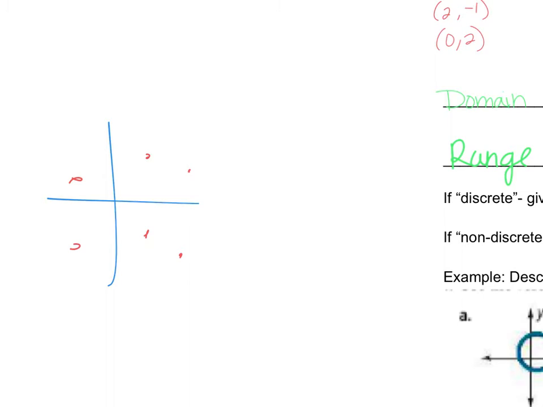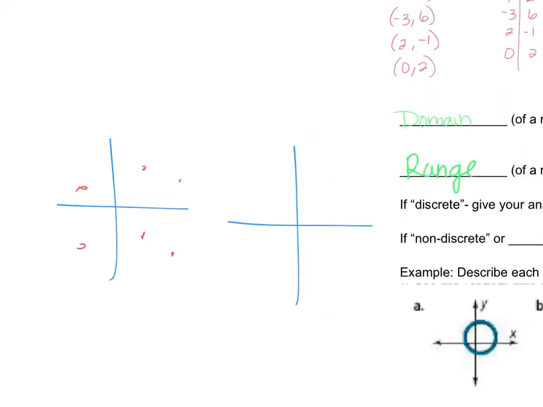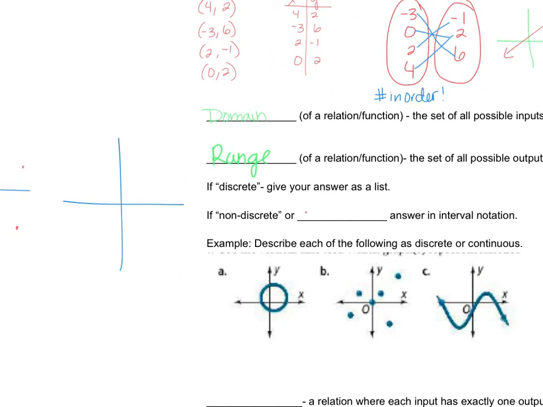Then the opposite of discrete would be a continuous graph, or non-discrete. An example of a continuous graph would be something like this, or it could be a line, or whatever. It's anything that you don't have to pick your pencil up when you're drawing it.